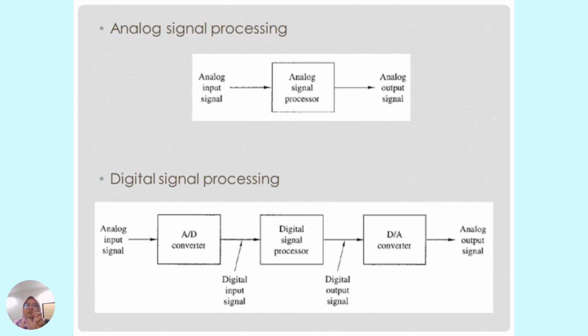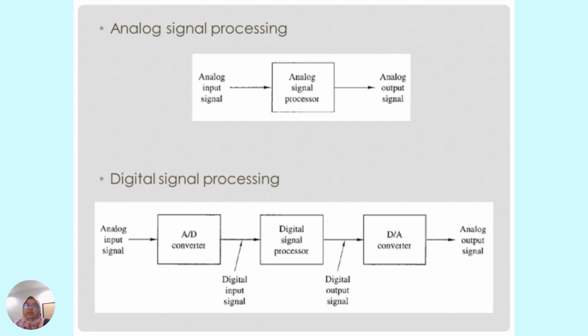The sampler basically samples the data, and the quantizer quantizes the amplitudes of the continuous signal into discrete numbers, and the coder codes the signal into binary data, and it goes into the memory of the digital signal processor.